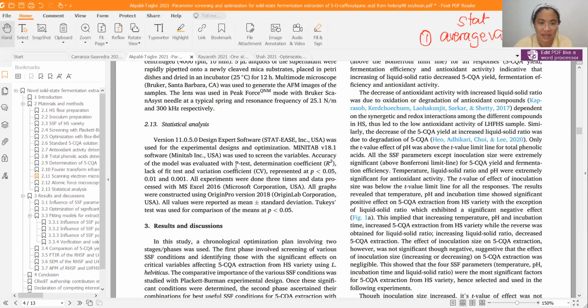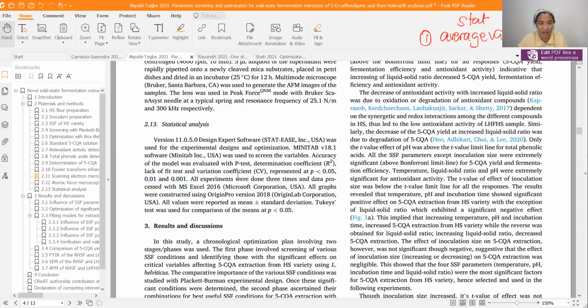P-test is actually the F-test with the p-values. Determination of coefficient, lack of fit, and so on, represented at p less than 0.05. I think this is F-test rather than p-test. See that they are doing it at 3 different p-values: 0.05, 0.01, and 0.001.